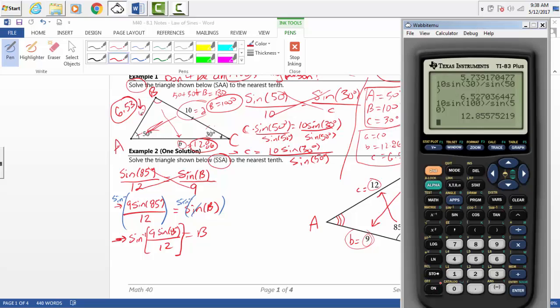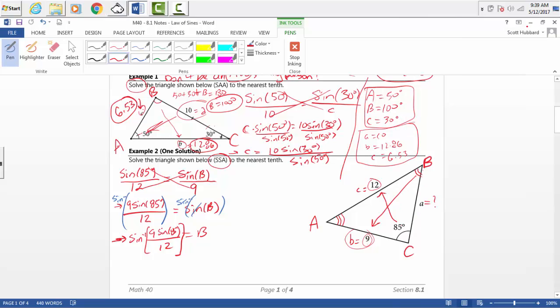Okay, so we go to our calculator here and find that. I'm going to do the inside first, so I'll do 9 times sine of 85 divided by 12, and then I'm going to take sine inverse of that, and we get 48.34 degrees.